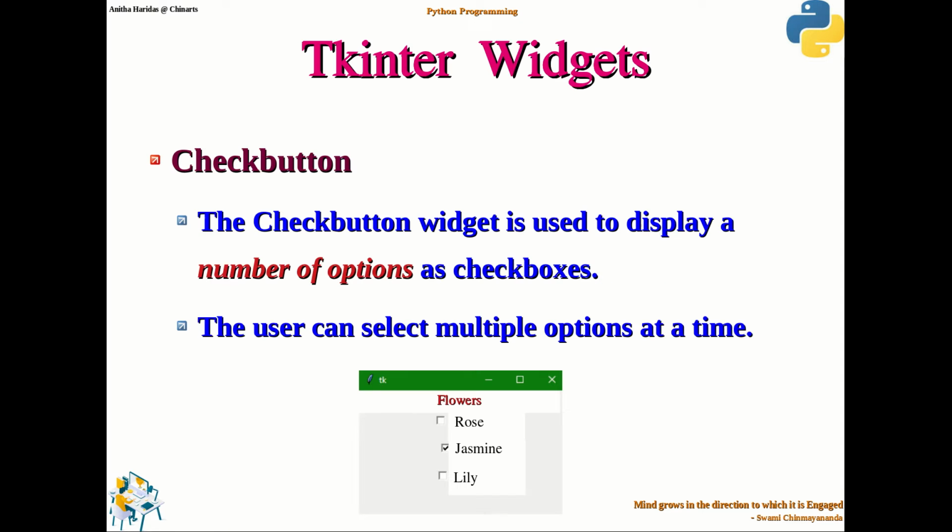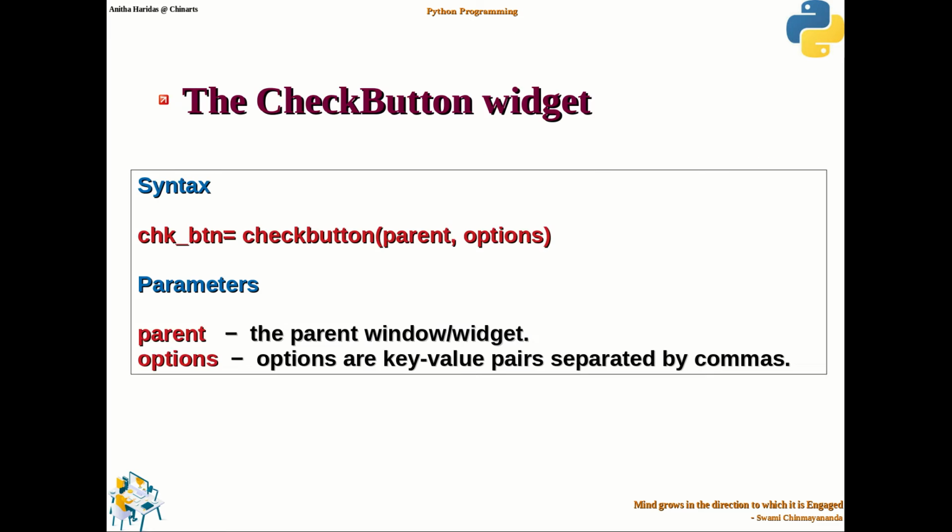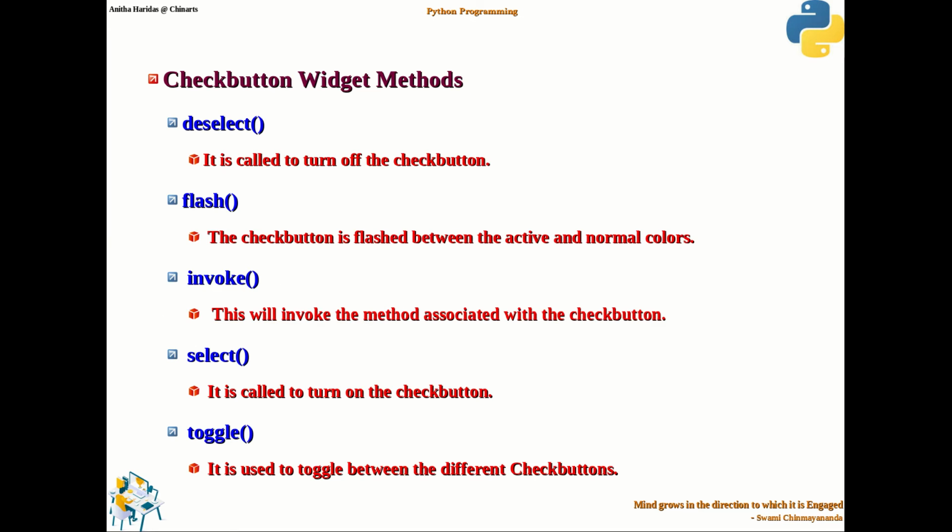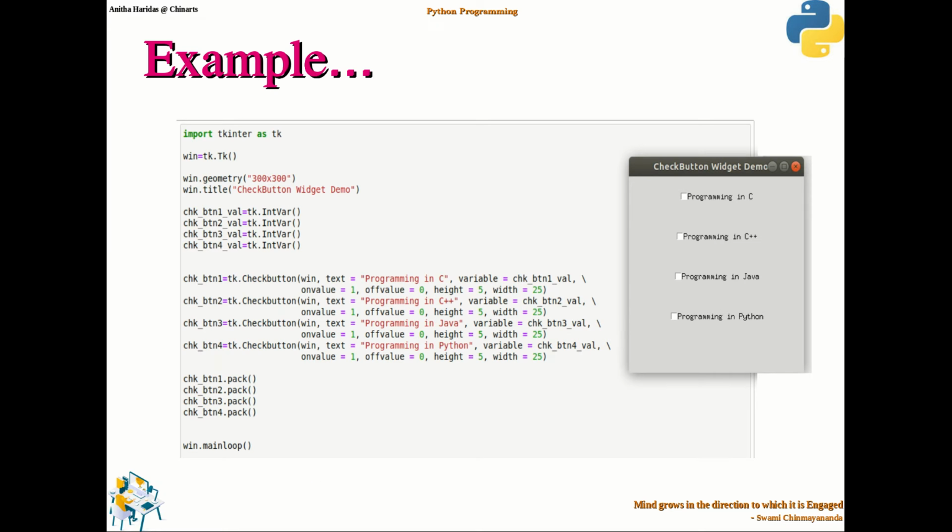Then we also discussed the check button widget, which is used to display a number of options, and if you want to select multiple options at a time, then we use the check button, or you call it check boxes. We had seen an example of how a check button can be created.